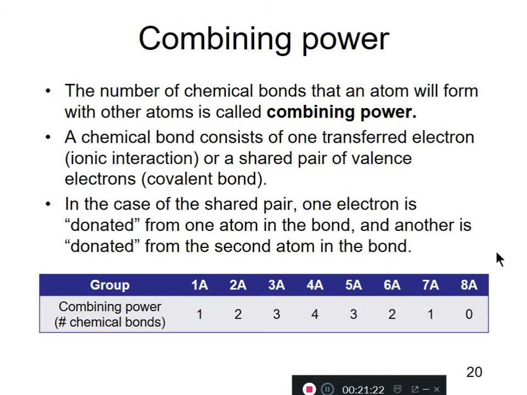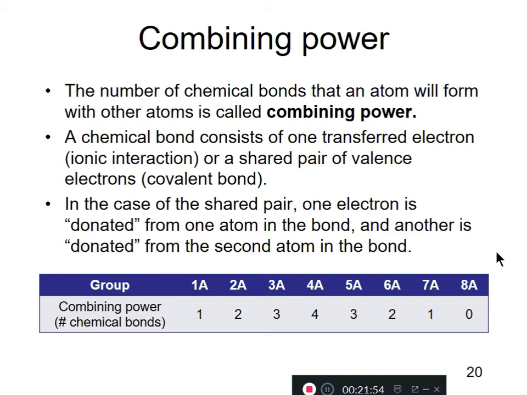Now, in the last couple of lessons, when we were looking at these patterns, we talked about a property that we called combining power. This is kind of a made-up term for this course, but it's a pretty helpful predictor. A chemical bond consists of one transferred electron or one shared pair of electrons, and combining power is basically saying how many bonds an atom can form.